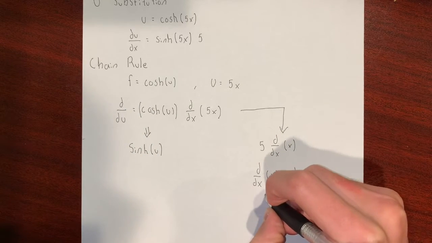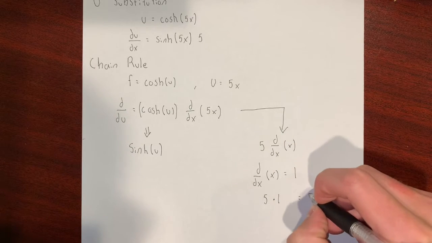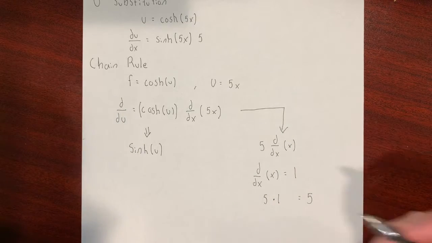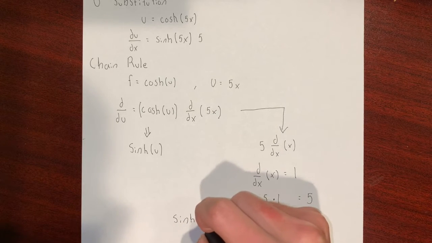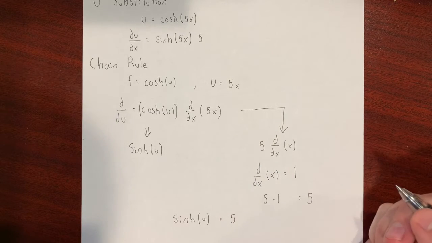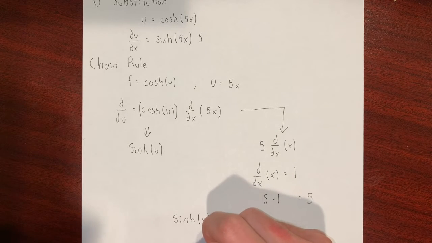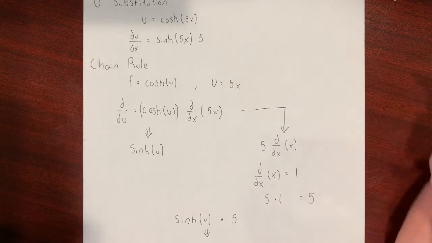And this is going to be 5 times the 1, which is going to equal my 5. So then I'm going to take both of these and multiply them. And then I'm going to want to substitute my u back in from up here.